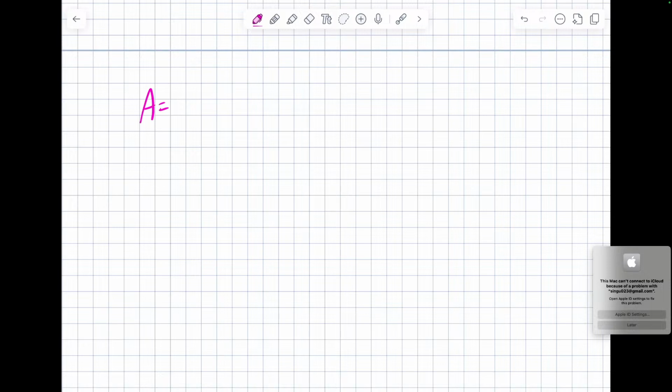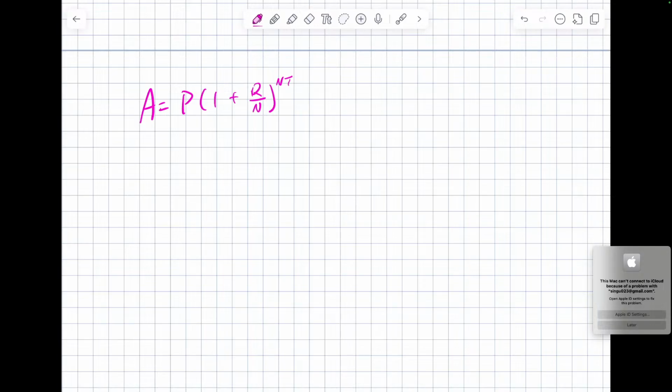A equals what? No. P times (1 plus r over n). Okay, so you should know how to use this equation to start with.